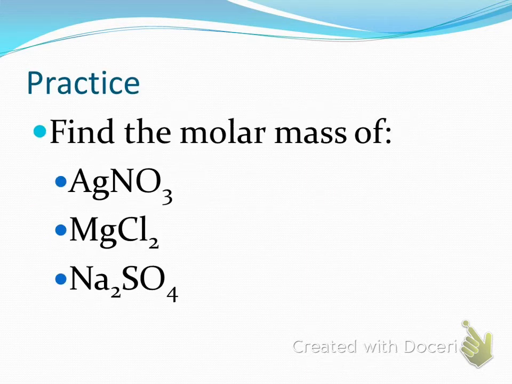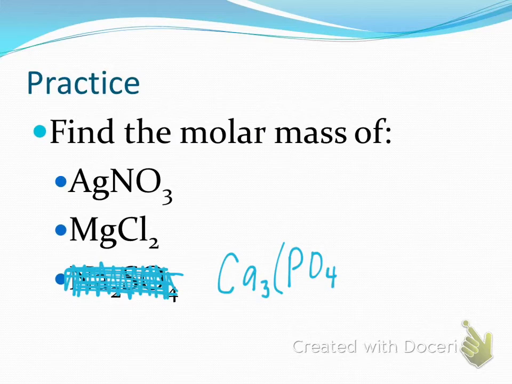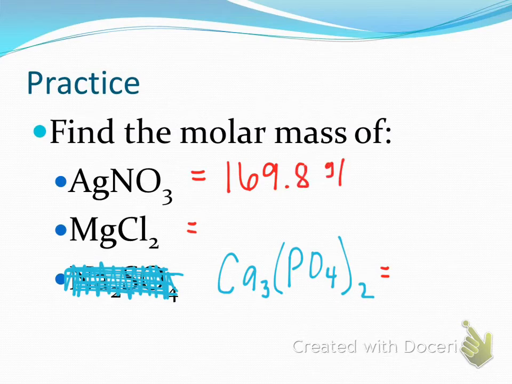All right, I want you to try these on your own. I'm going to give you a different one here for this last. Try those 3 on your own. 169.8 grams per mole.